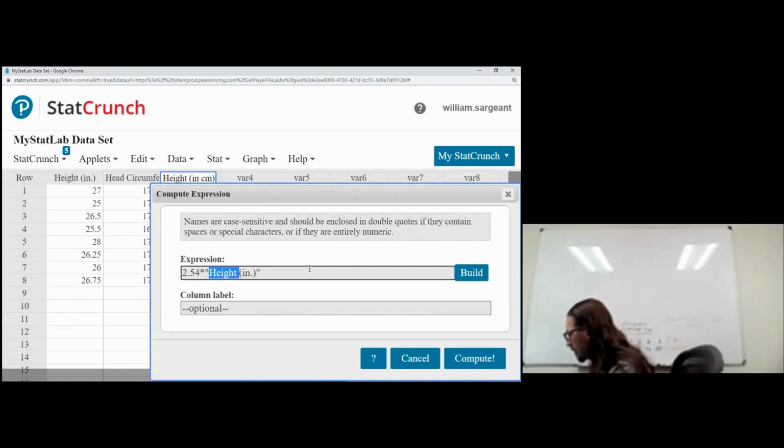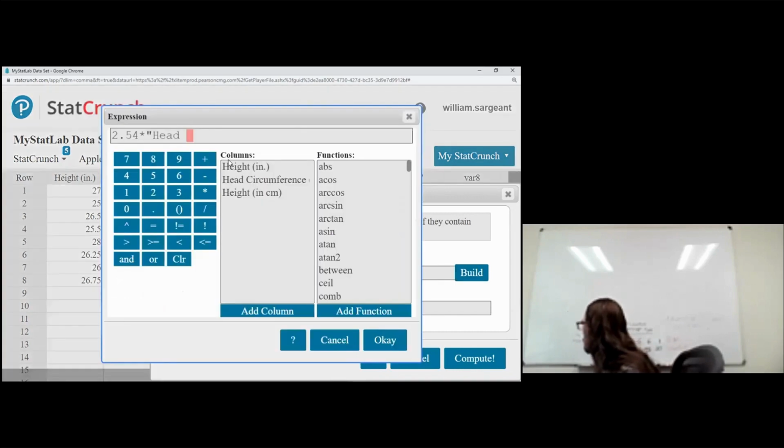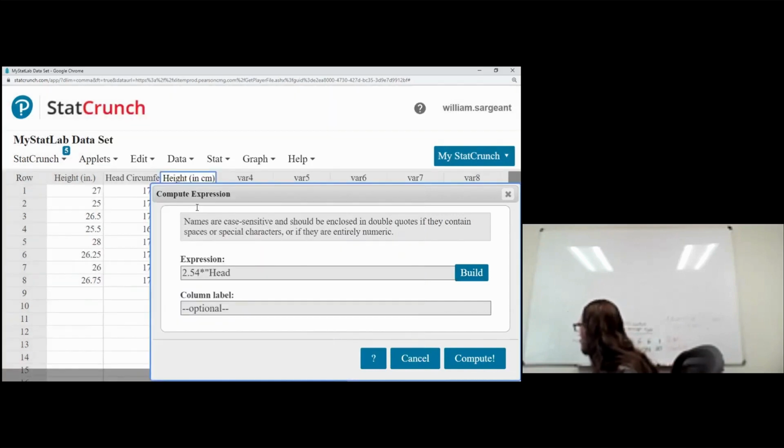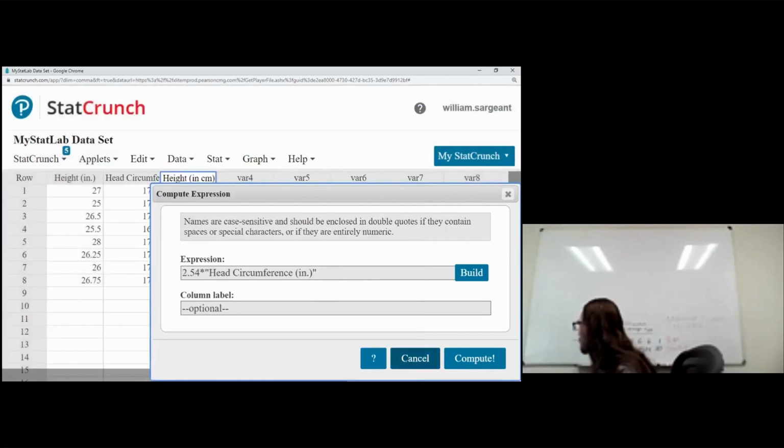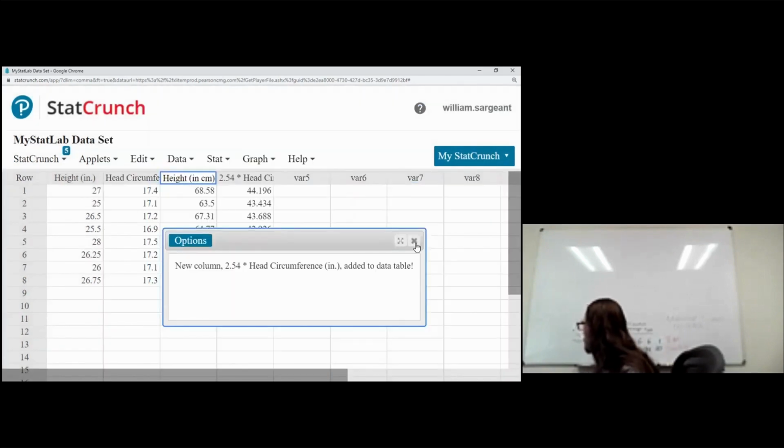In my new column, I want that to be coming from 2.54 times the head circumference, so that we're getting from column 2, we're coming up with column 4, the head circumference in centimeters, by multiplying column 2 by 2.54 centimeters per inch. And it's automatically filled all of those in.